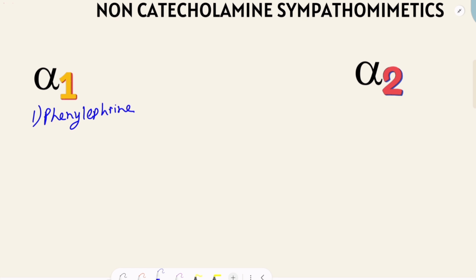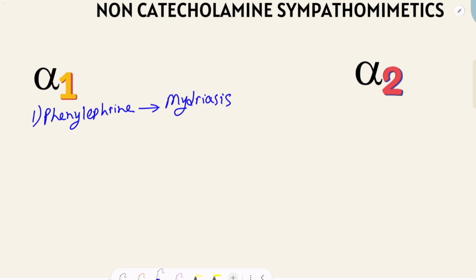Phenylephrine is mainly used as an eye drop. And we know that stimulation of the sympathetic nervous system in the eye leads to mydriasis. In our previous video, we discussed other drugs which cause mydriasis, and those were anticholinergic drugs. So what is the difference between anticholinergics and phenylephrine?